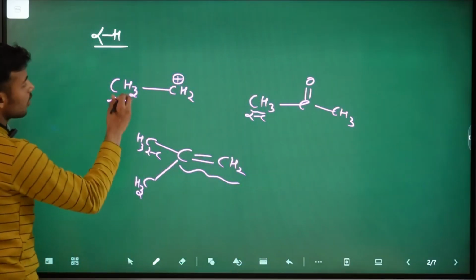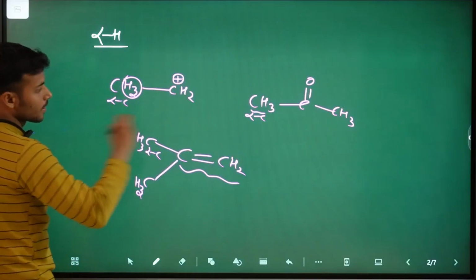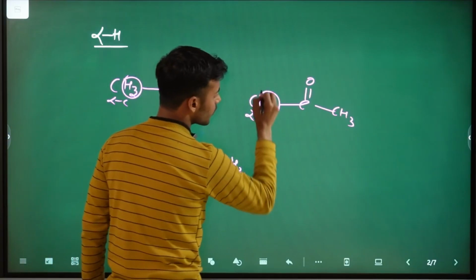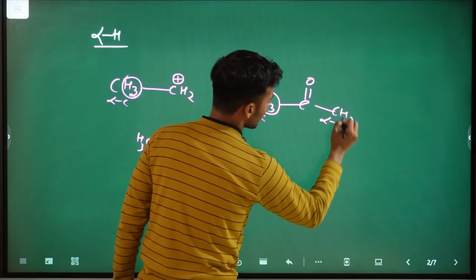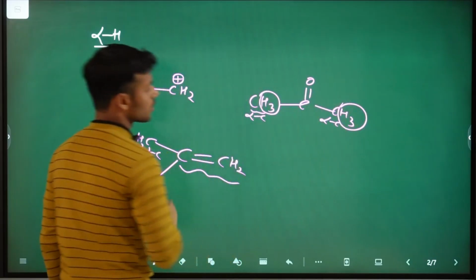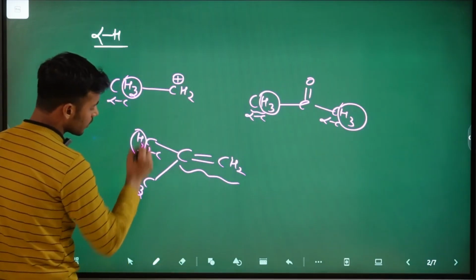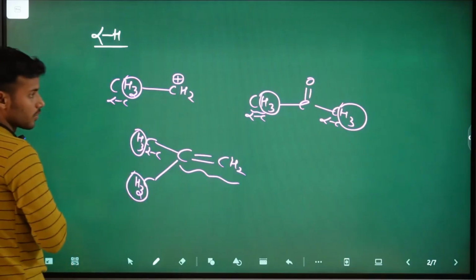So here how many alpha hydrogens? 3. Here alpha carbon and this is alpha hydrogen, this is alpha carbon and this is alpha hydrogen. And similarly here, this is alpha hydrogen, this is alpha hydrogen.